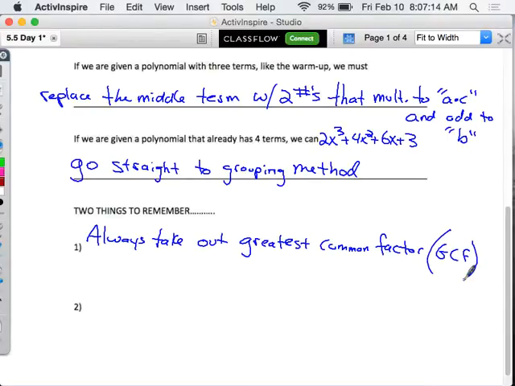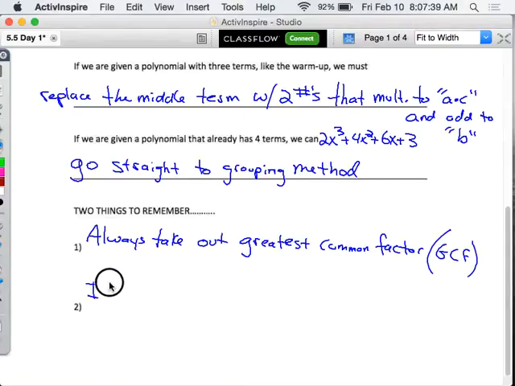Always look right away from the beginning, is there a greatest common factor to take out? That's the first thing that you need to do. If there is a greatest common factor, take it out. Number two is if we only have three terms, you must always replace the middle term and your parentheses must match.